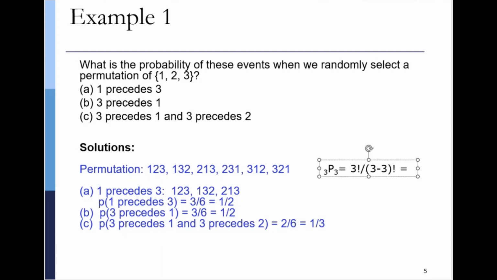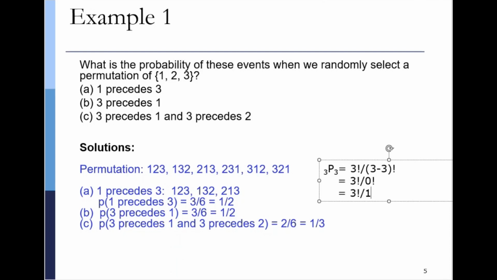So it becomes 3 factorial divided by 0 factorial. So boys and girls, what is the answer for 0 factorial? Zero factorial. What is the answer for 0 factorial? 1. Correct. Good. 0 factorial is 1. So 3 factorial divided by 1.